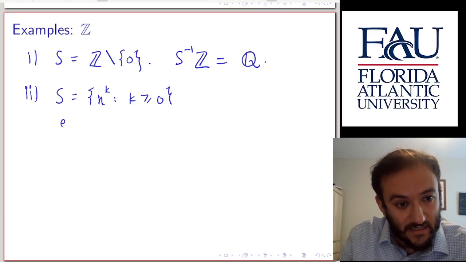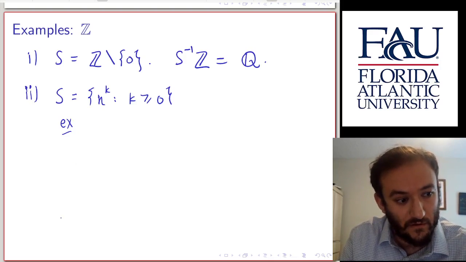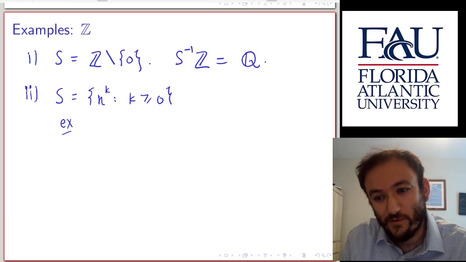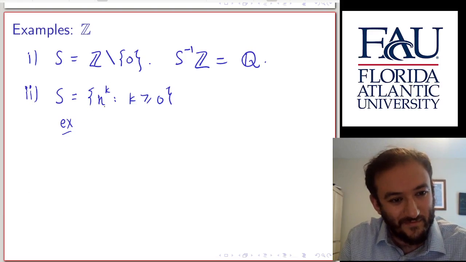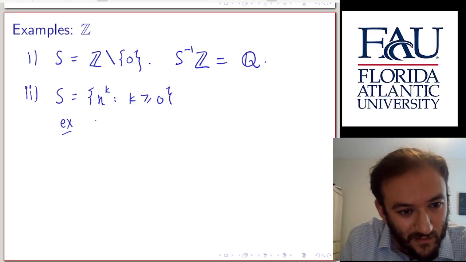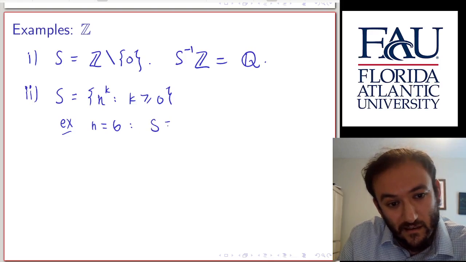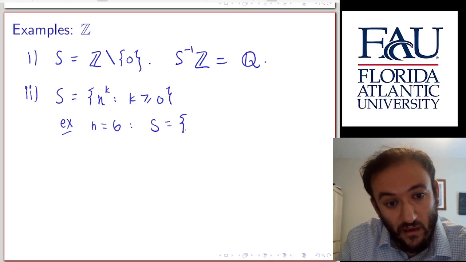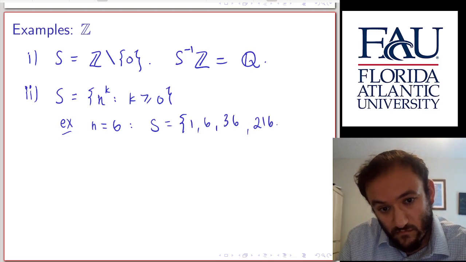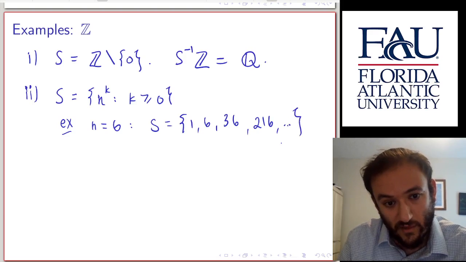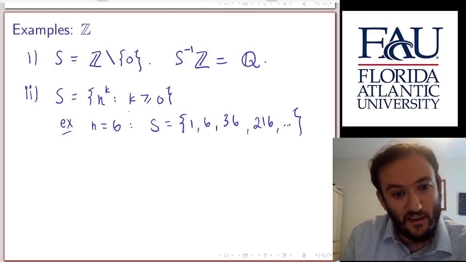So let's take as an example 12. Okay, so that's actually a little too big. Let's do 6. Okay, so then for n equals 6, the multiplicatively closed subset will be 1, 6, 36, 216. My apologies if my arithmetic is wrong.